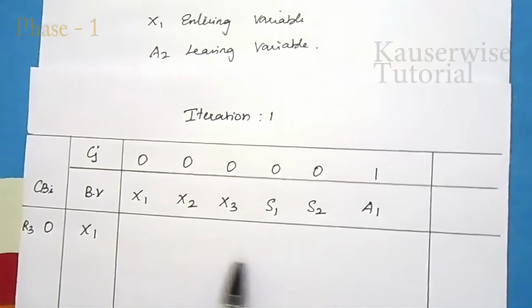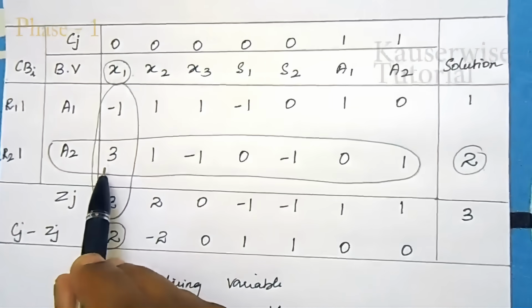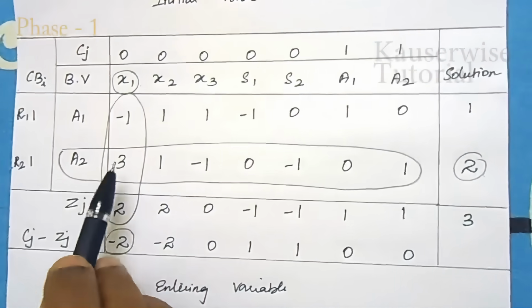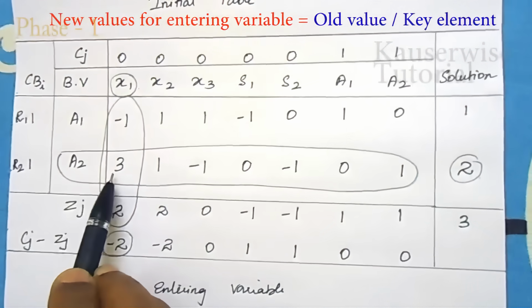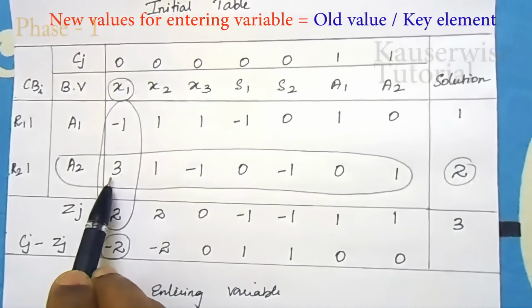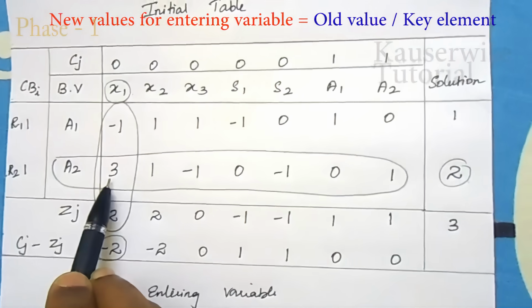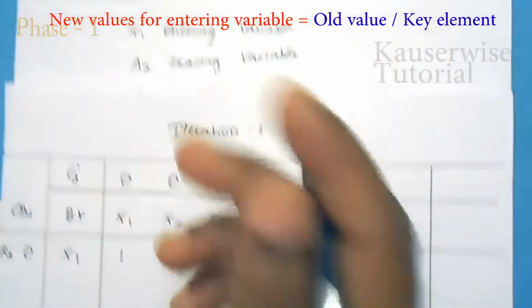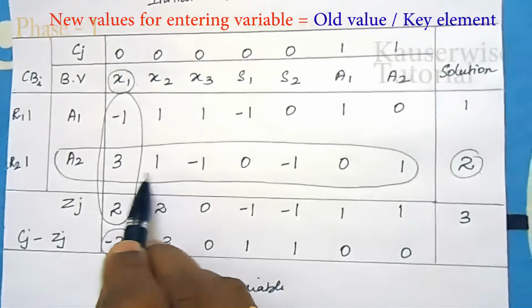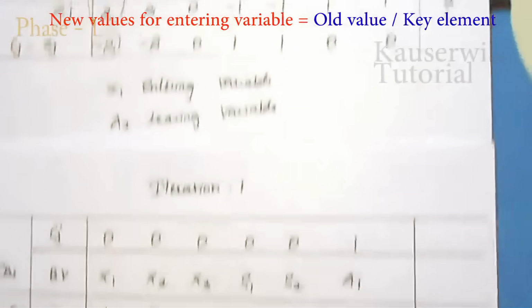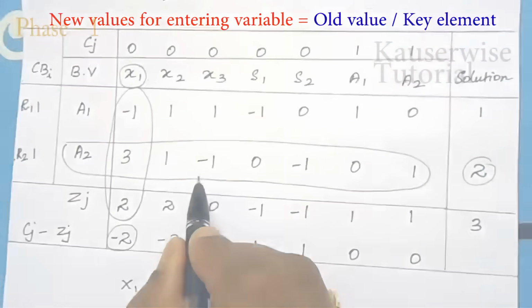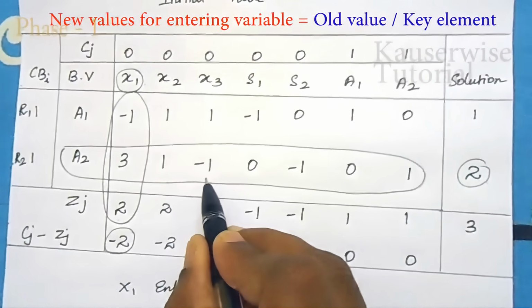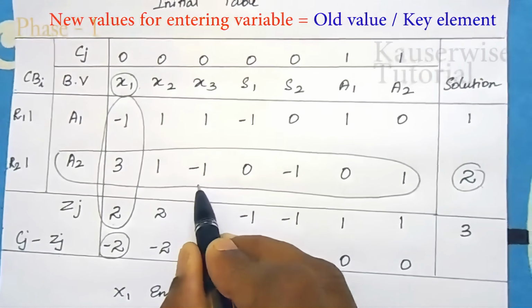In x1, we need to find the new value. To find the new value, take the old value divided by the key element. For the first value, the key value is 3 and the old value is also 3, so 3 divided by 3 is equal to 1. For the next value, 1 divided by 3, 1 by 3. Next value, minus 1 divided by 3 is minus 1 by 3.